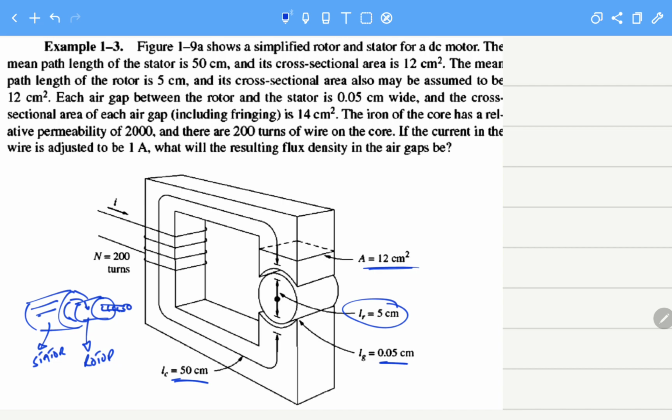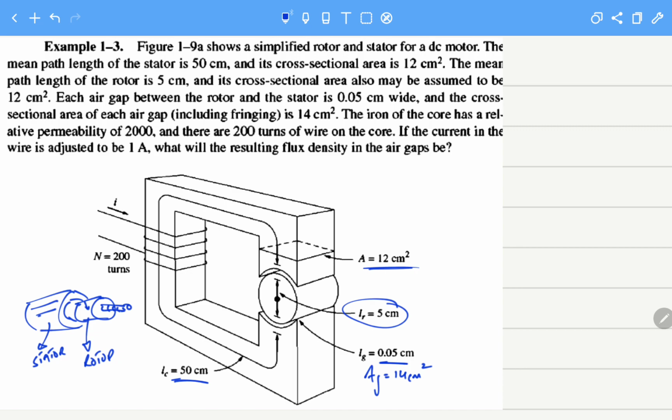The cross sectional area of each air gap is 14 centimeters square. So the area of the core is 12 centimeters square, and after fringing the area for the air gaps is 14 centimeters square.